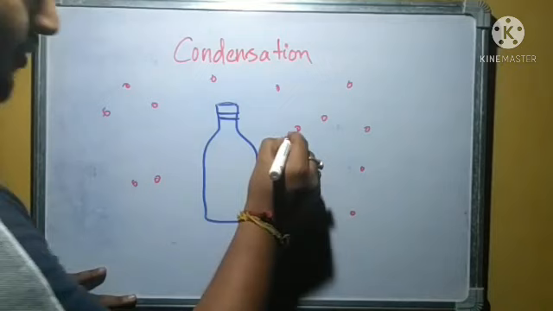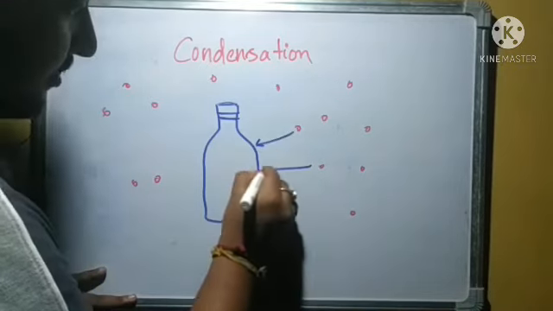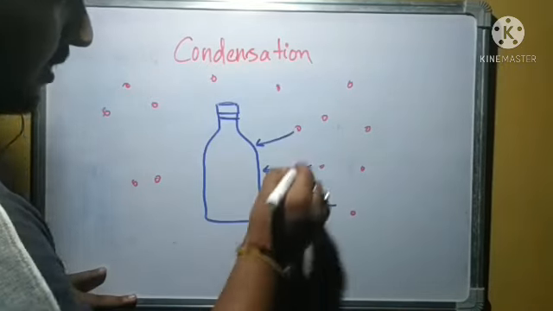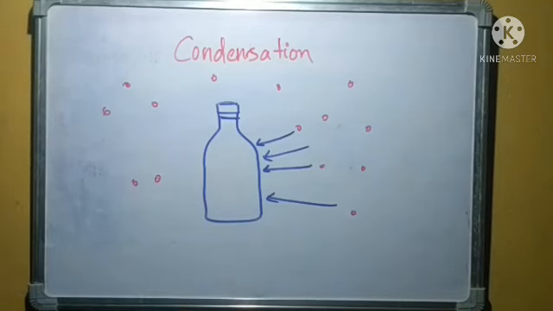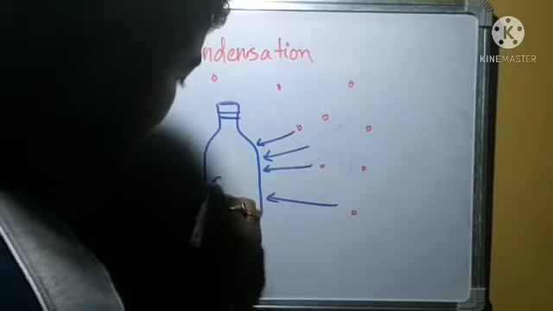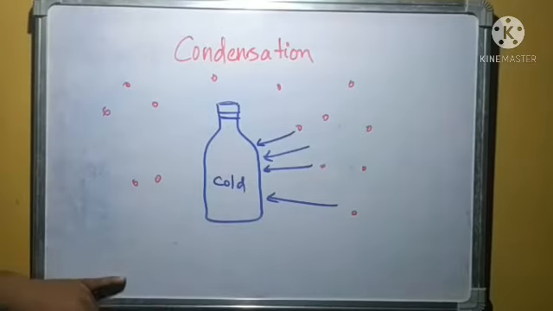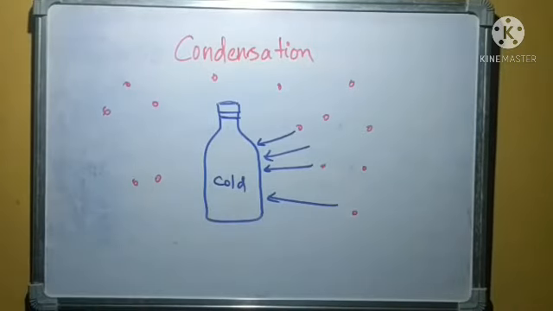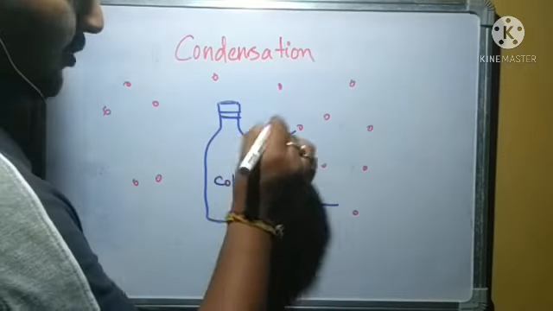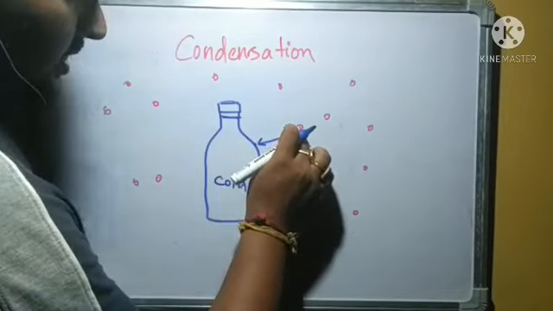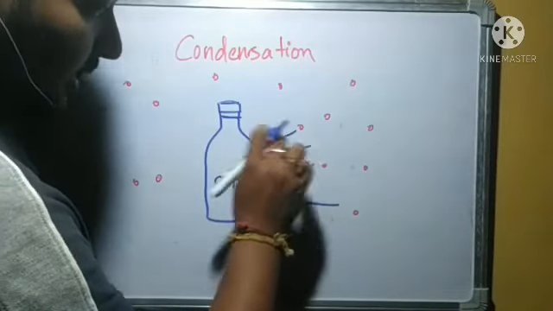As soon as these particles strike the surface of the water bottle, whose temperature is very low, that is, the bottle is very cold, and the water vapor particles have higher energy, energy in the form of heat will move from the particles to the bottle.